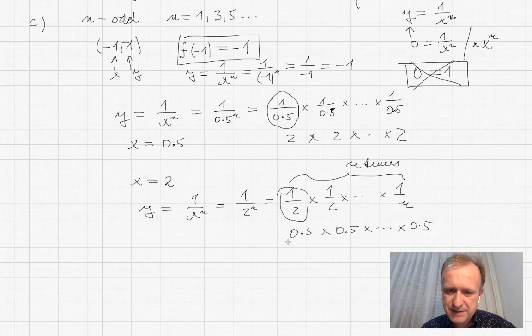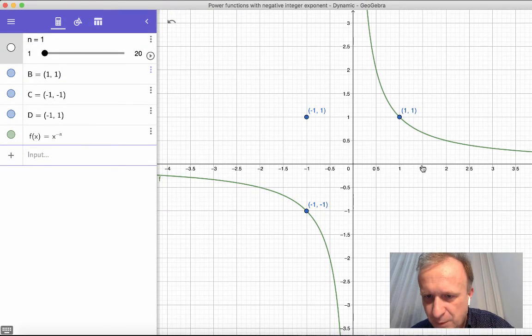So what happens is that as you increase n, the result of this calculation must decrease, because it's always 50% of the previous value as you add the following and following factor. So for example, when n is 1, you get just 0.5. Okay, you see when I take x equal to 2, you get 0.5.